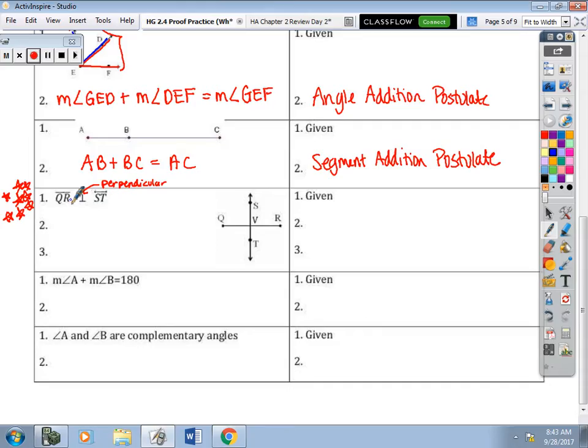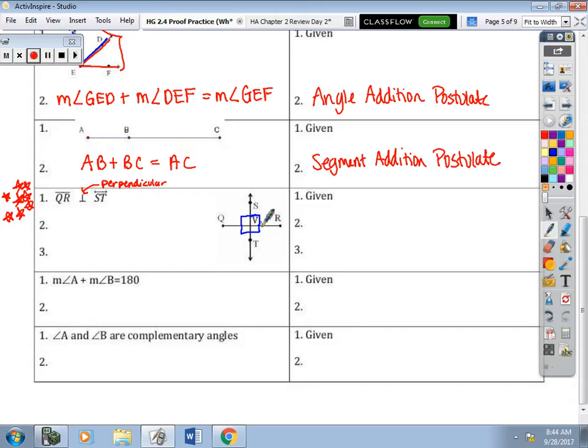Perpendicular, the definition of perpendicular means that these intersect to form right angles. Okay, technically 4 right angles, right? So that's what you have to write down. You can't say that it's 90. You actually have to say that it's a right angle first. Okay? Because the definition of perpendicular is that these intersect to form right angles.